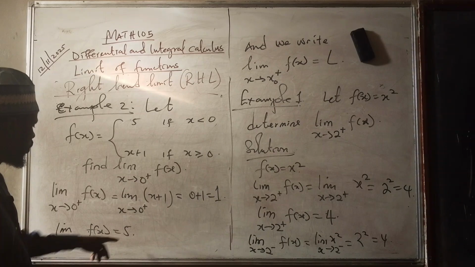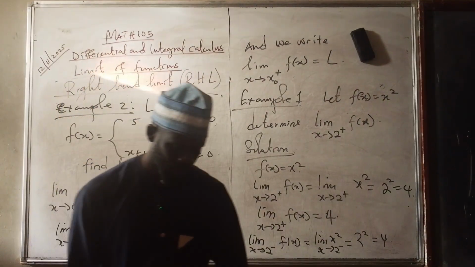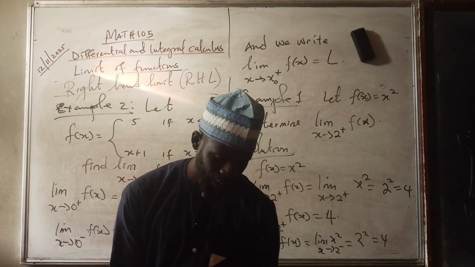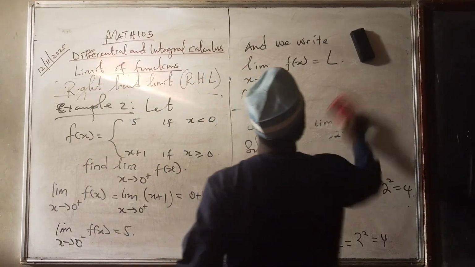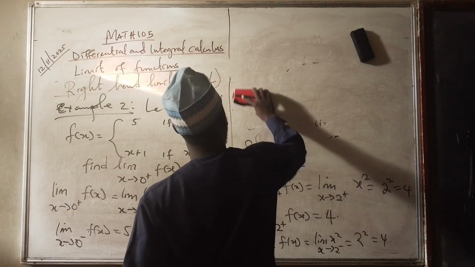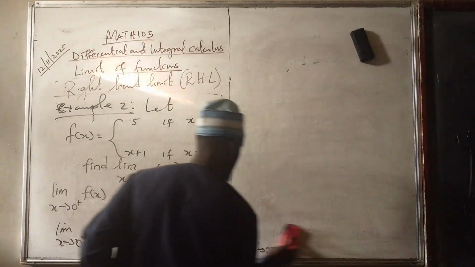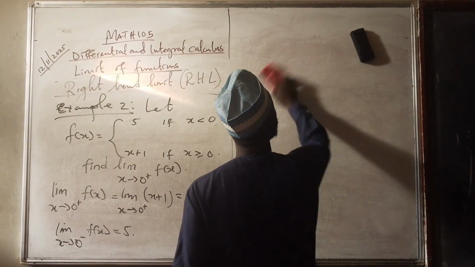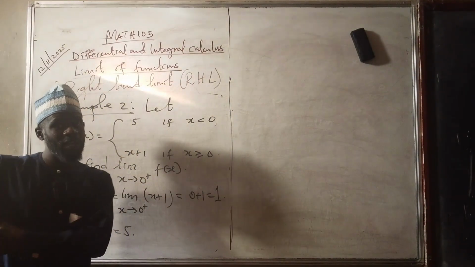We are coming to a definition that will take care of that. That is to say, a function f of x can have one-sided limits different from the other.